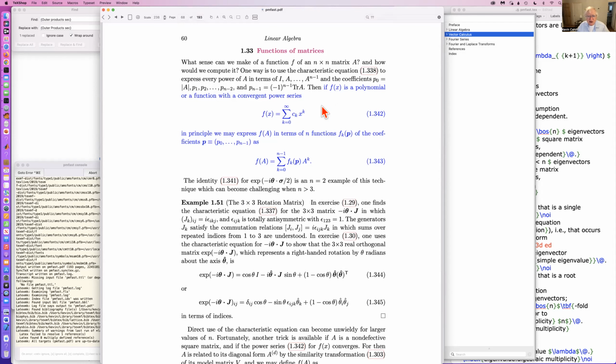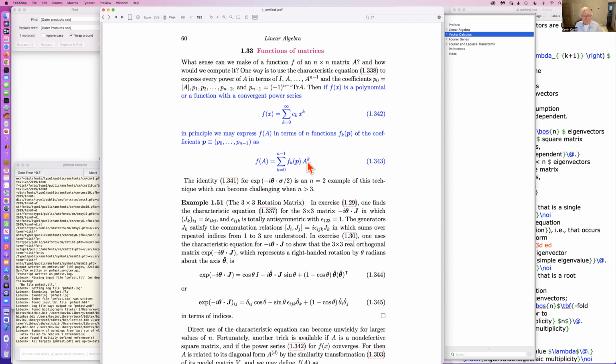Functions of matrices. Suppose you have a function that's a polynomial with a convergent power series, c_k x to the k. Now, what you can do is, in principle, express f of A in terms of n functions of the coefficients like this: f of A equals f_k A to the k.